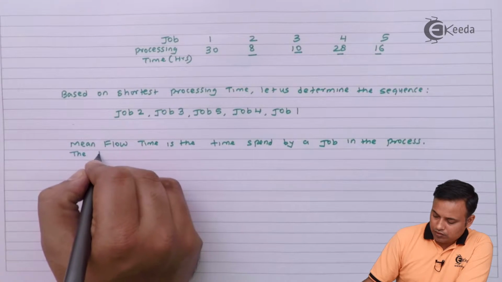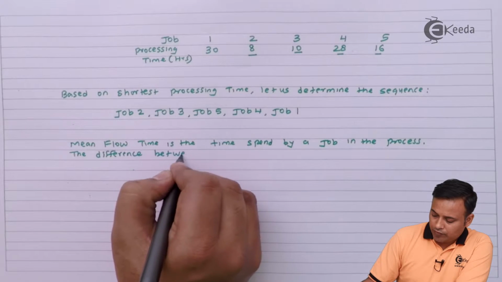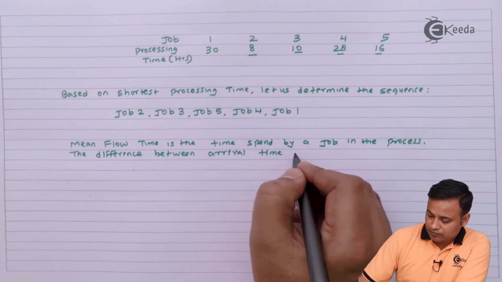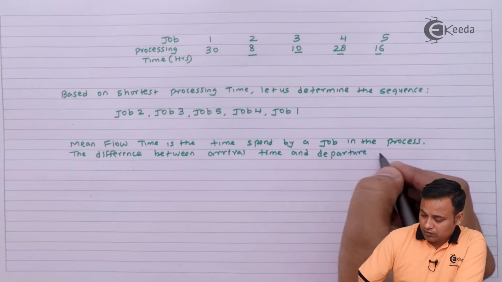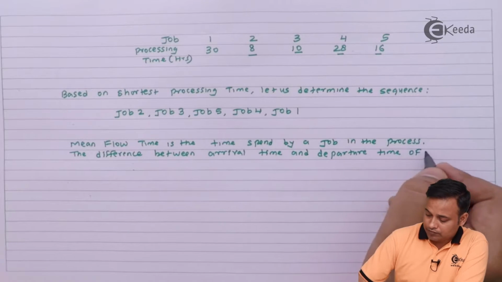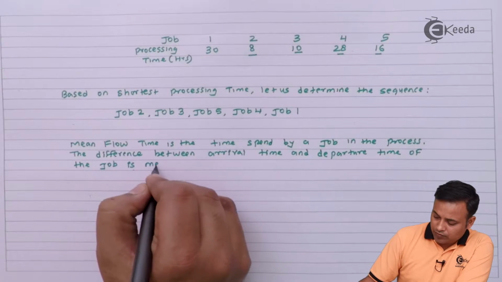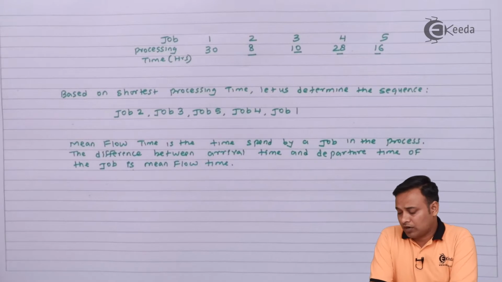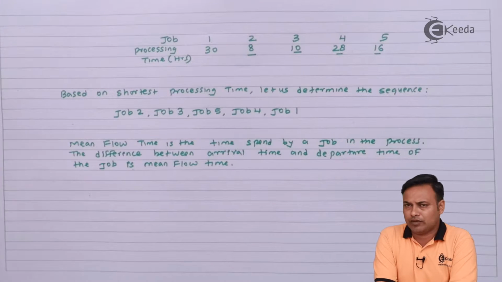The difference between arrival time and departure time of the job is nothing but the mean flow time. So mean flow time is the time spent by a job in the process, and the difference between arrival time and the departure time of the job is also called as the mean flow time.